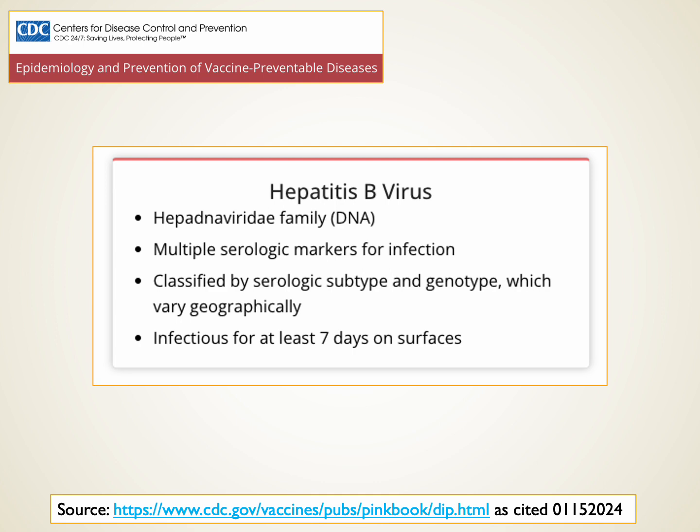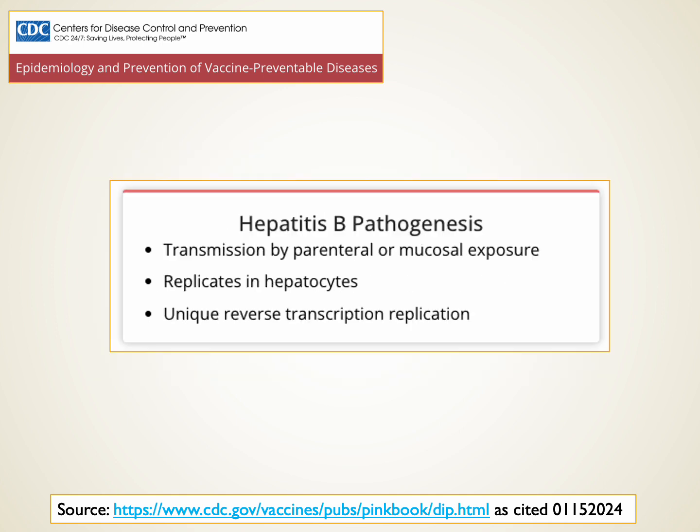The virus itself is a DNA virus. It has multiple serological markers, and it's infectious for at least 7 days on surfaces, which makes it a really problematic pathogen. Most other viruses don't remain alive that long on a fomite or a surface.